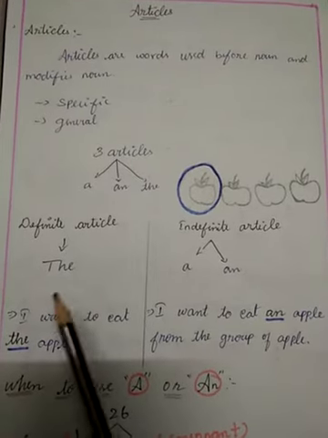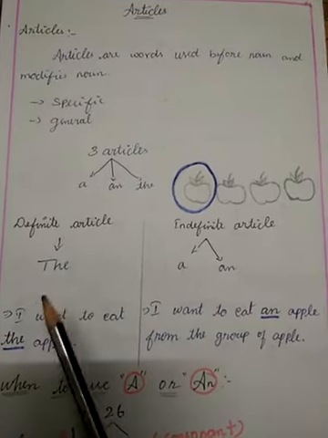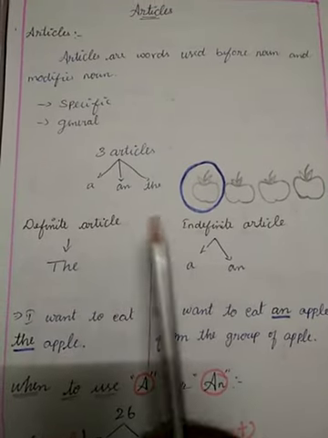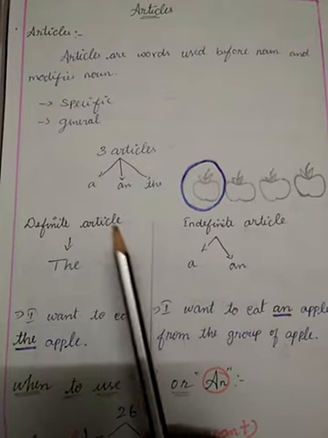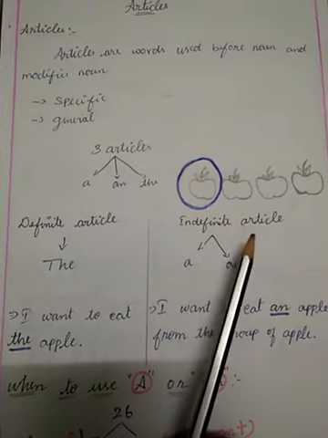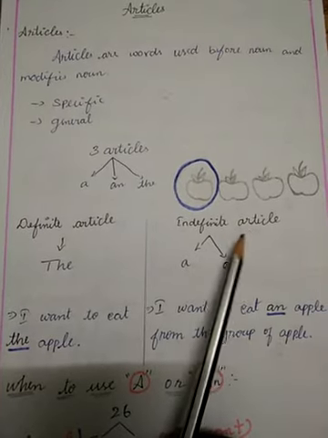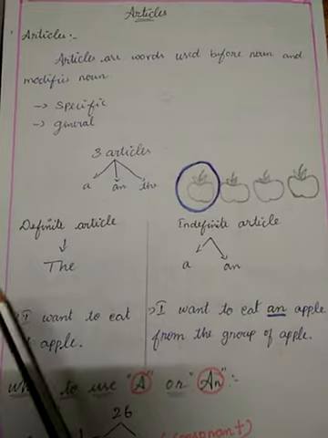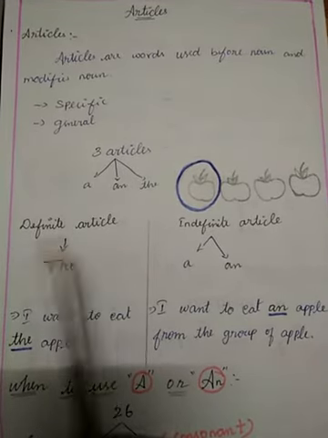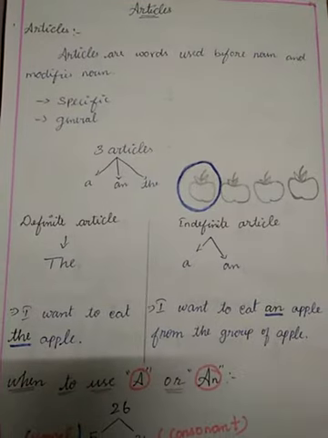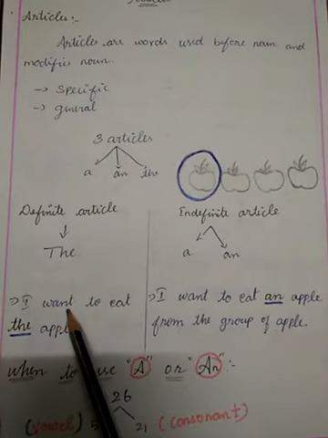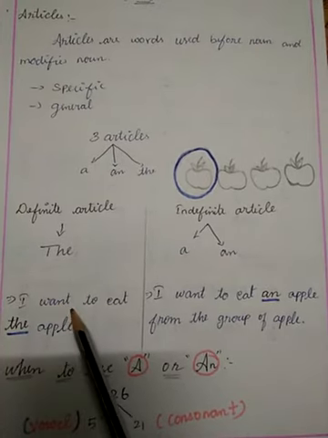Let's know about types of articles. Articles are categorized into 2 different types based on their usage. The first one is definite article and the second is indefinite article. The article the comes in the list of definite articles as it shows uniqueness or a specific thing.